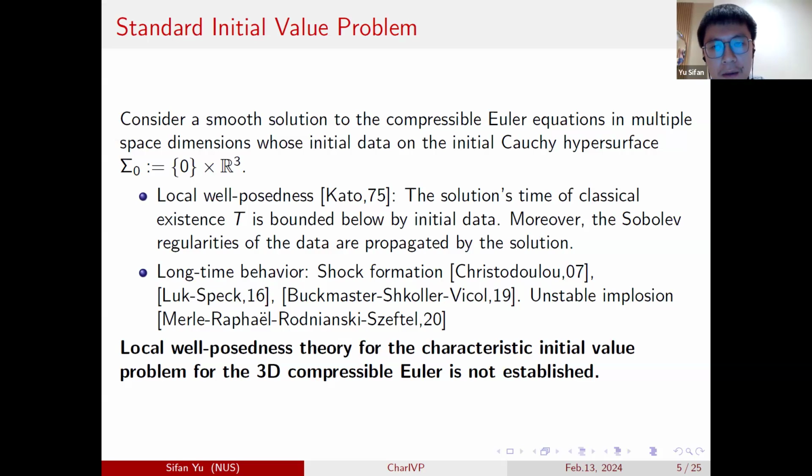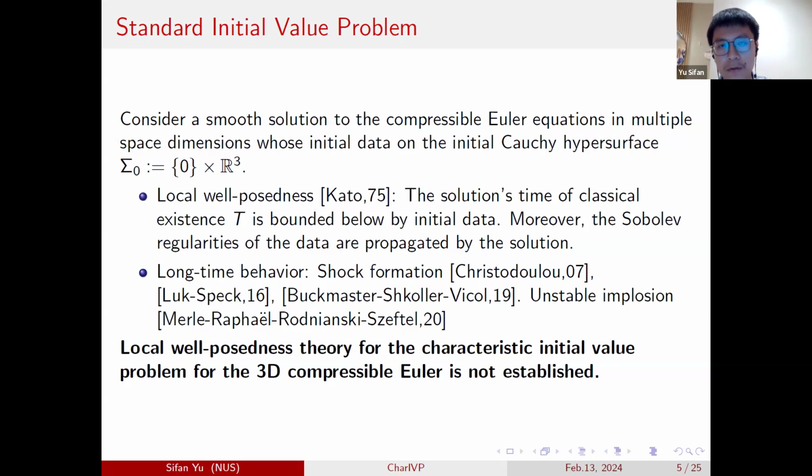And there is another type of singularity, which is called unstable implosion. If you have special initial data, you will have density blow up, and this singularity is conjectured to be unstable.